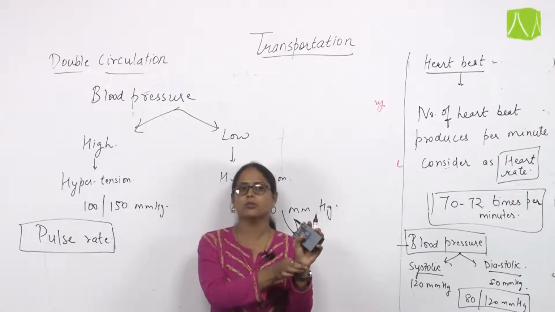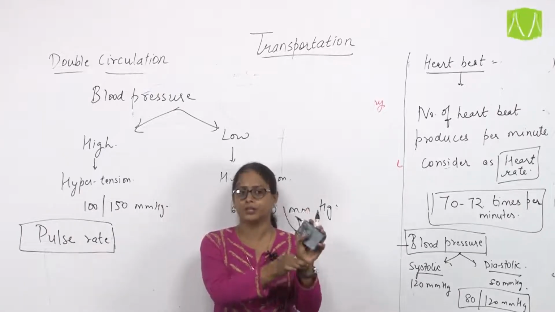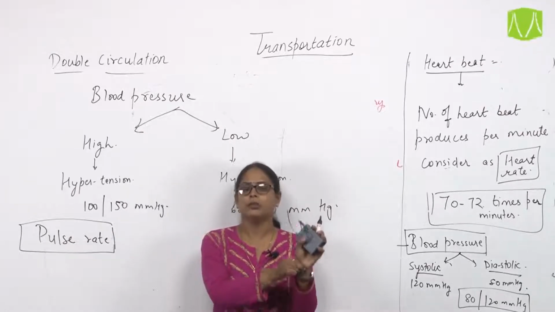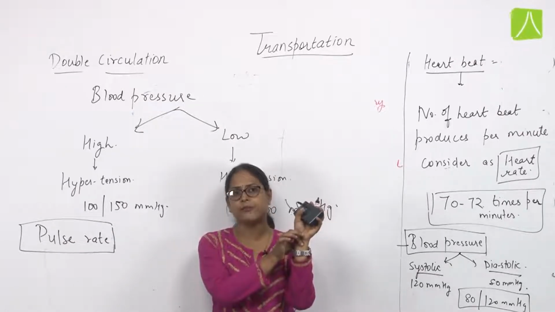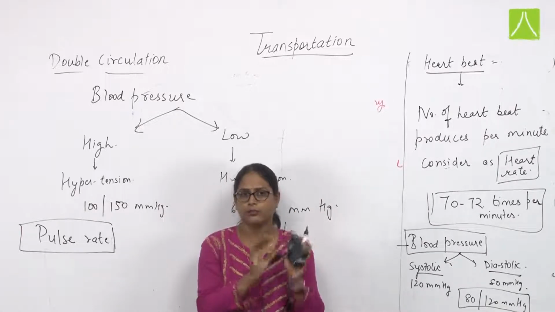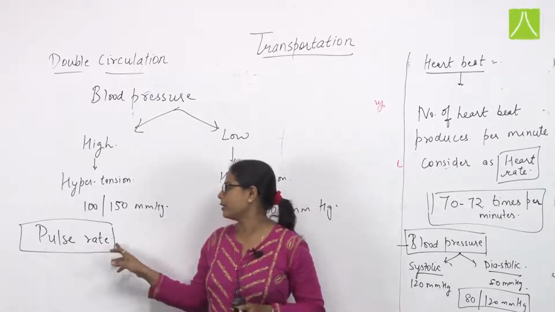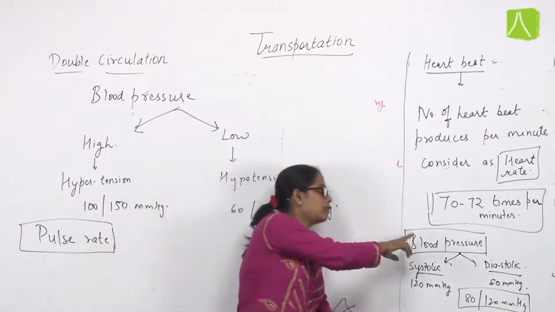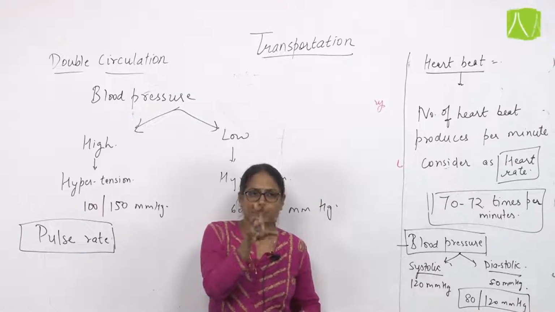That means here also they feel the pressure in the artery wall, how many times the heartbeat is felt in the arteries present in the wrist. Fine. So pulse rate can be measured in the arteries, but heart rate is measured by using the stethoscope device.